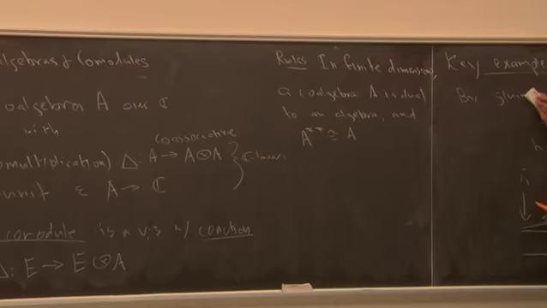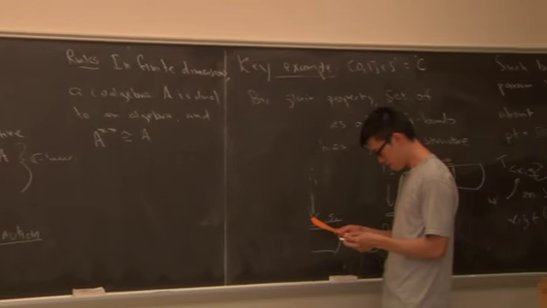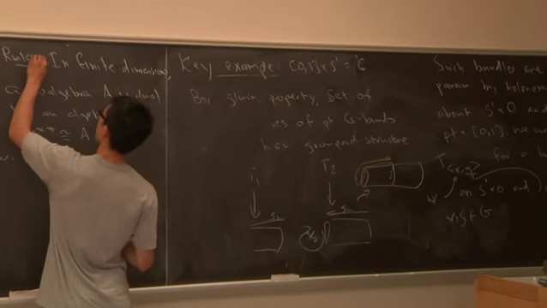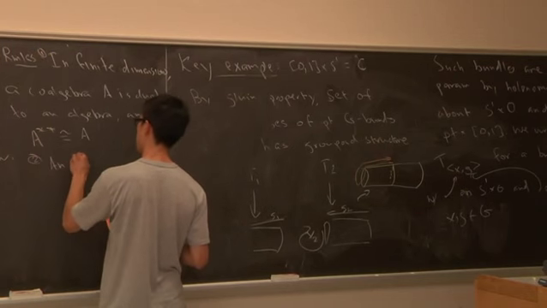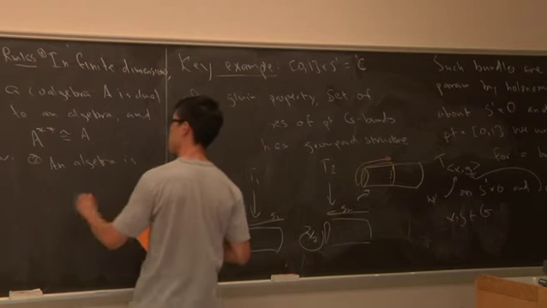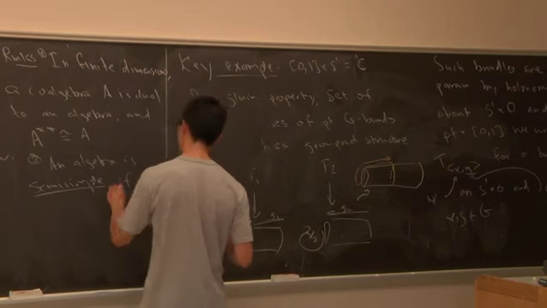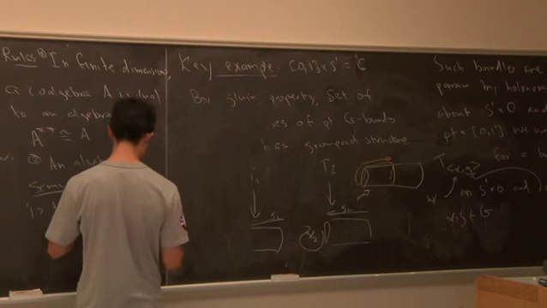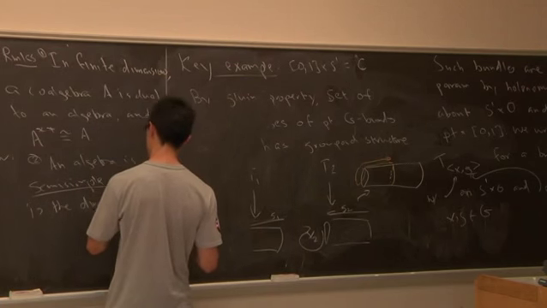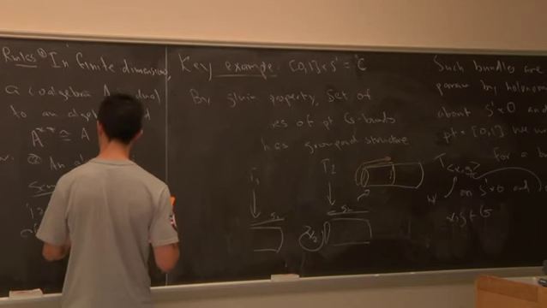And what else do I want to say? Oh, there's another thing I want to say. Wait, and now I've lost it. Right. So that's one thing. Second thing, an algebra is semi-simple if it is the direct product of matrix algebras.